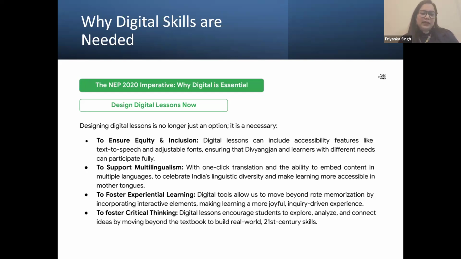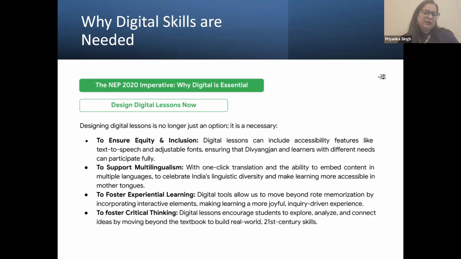To ensure equity and inclusion, as I said, with many accessibility features. I hope we all understand what accessibility is. Few learners are not able to read what is there in the textbook. Let's say if you have designed a PowerPoint also, they are not able to read in a particular font.